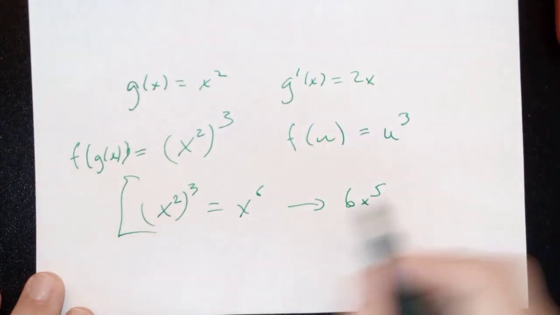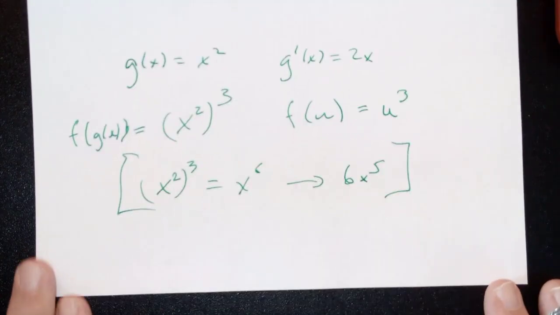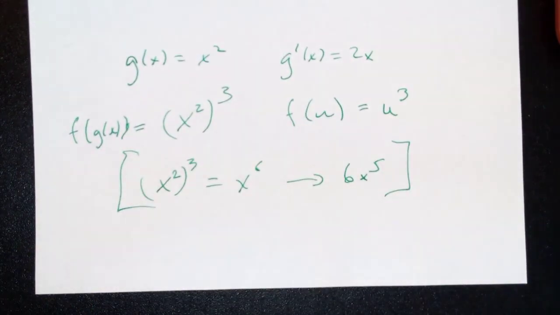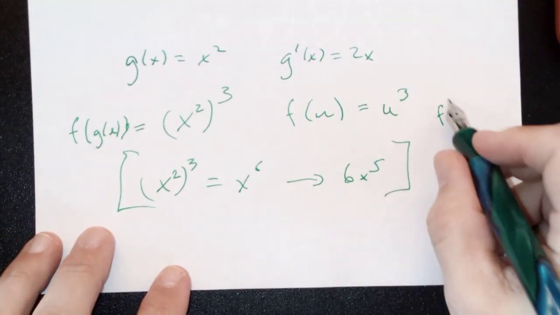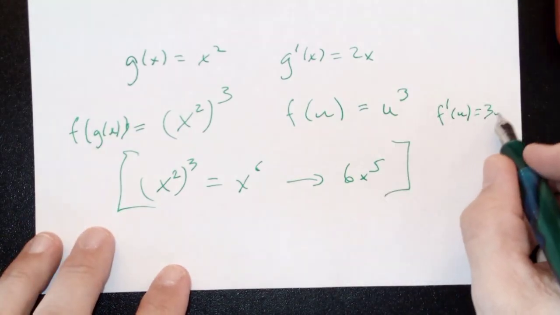Keep that in your back pocket for the moment. What is the derivative of ugly stuff cubed with respect to u, with respect to the ugly stuff? It's 3 ugly squared. So f prime of u is 3 ugly squared.